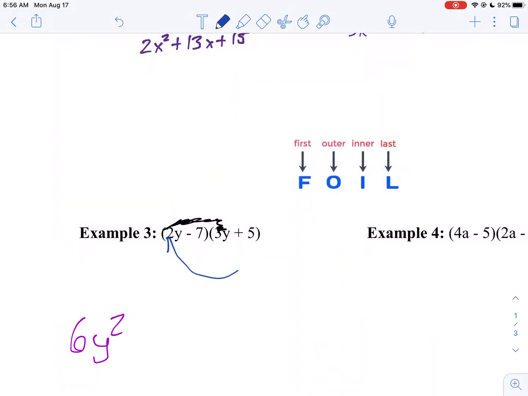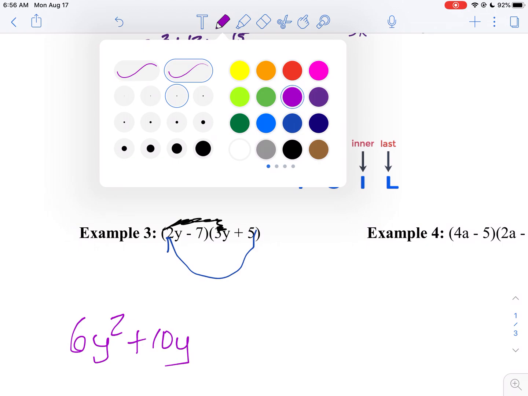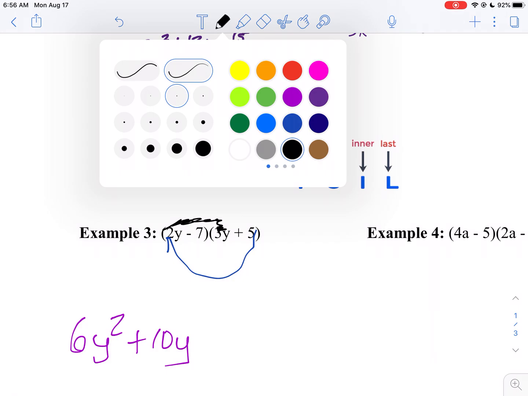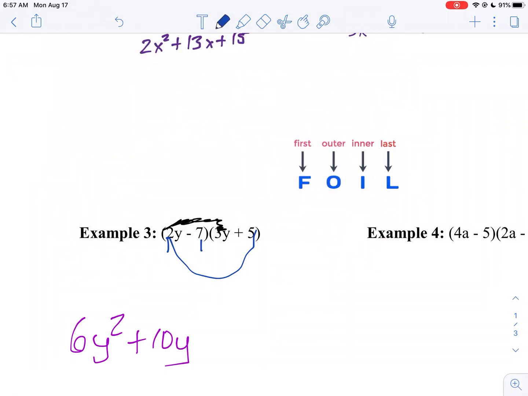So I'm going to take 2y times 5. Well, 2y times 5 is 10y. Now I'll do my inside terms, which is just a way to remember we're just double distributing here. So we're going to say negative 7 times 3y. Well, that is negative 21y.